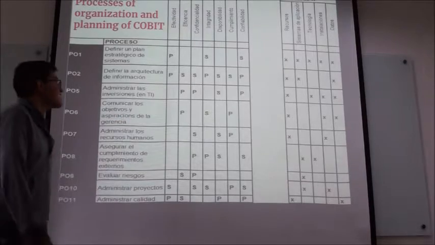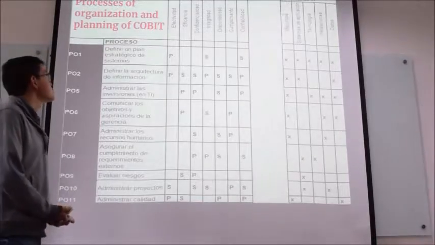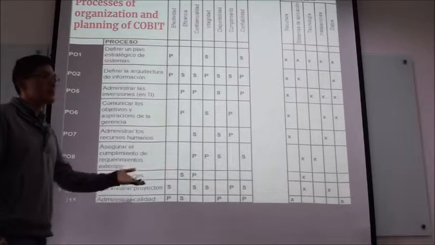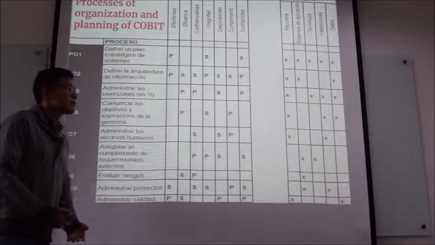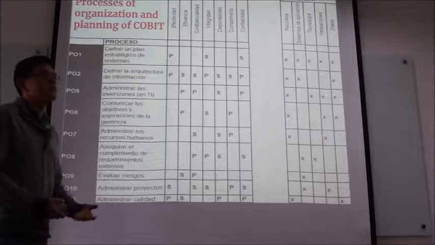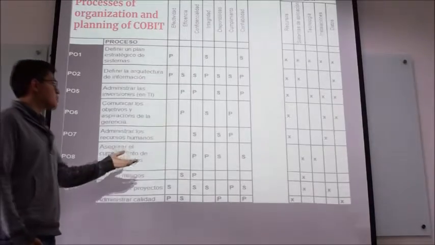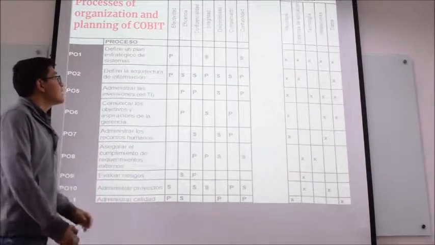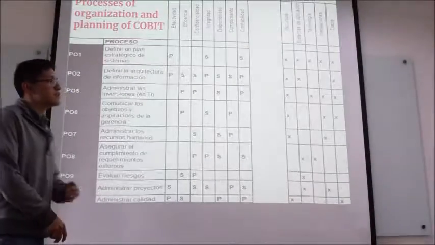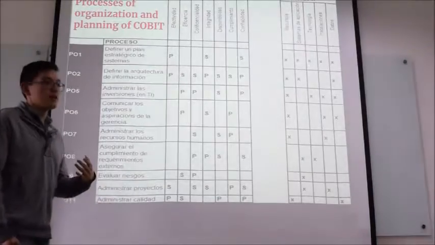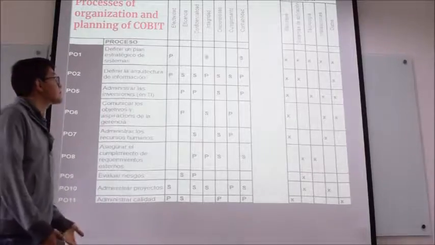The P's are the principal things that are really important to the process, and those S are the secondary things. Those are less important, but they have to be taken into account in the process. As you can see, there are some white blank spaces, and those are in some cases unnecessary or are necessary but are already defined in other frameworks like TOGAF.